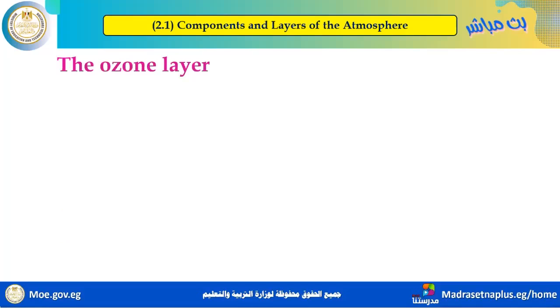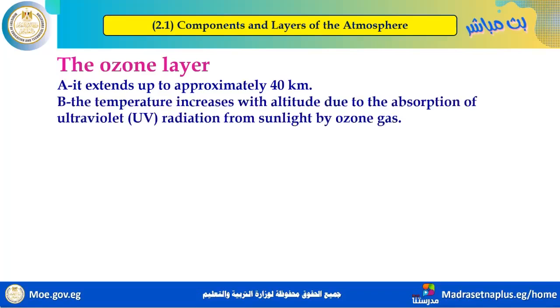Now we are going to study a lot about the ozone layer. O is the symbol of ozone, O3. Ozone is found in the stratosphere. It extends approximately to 40 kilometers. So you have said from 20 to 40. Pay attention. I said the temperature in the lower stratosphere remains constant, but it increases.